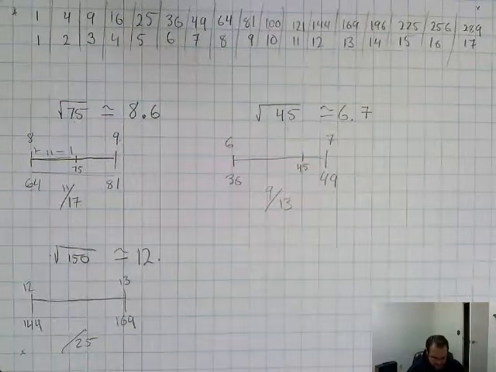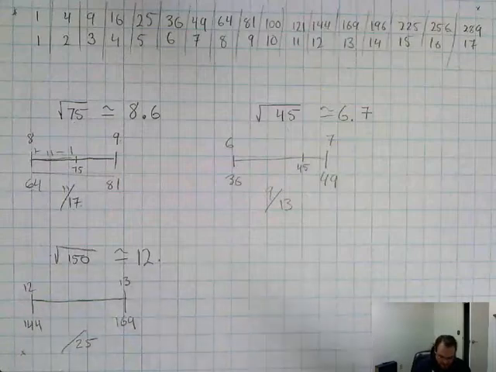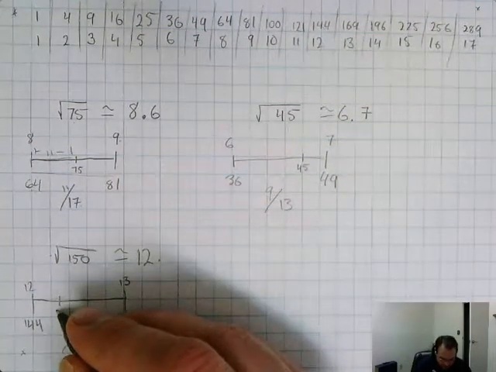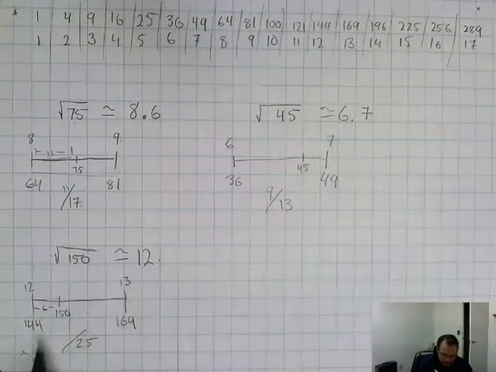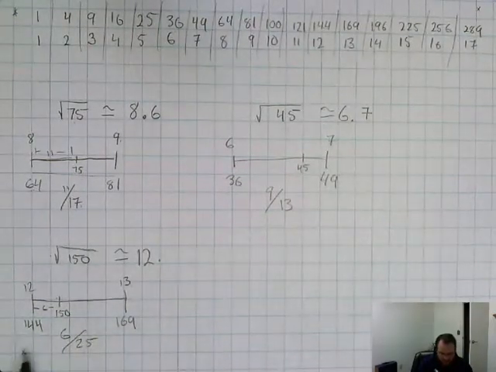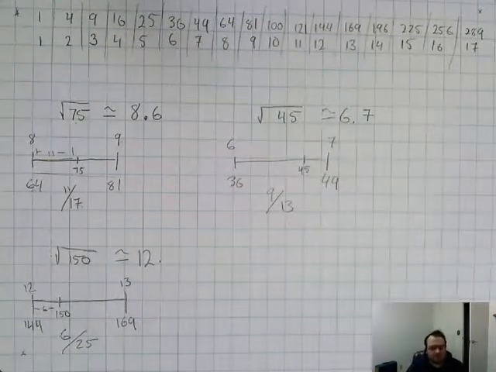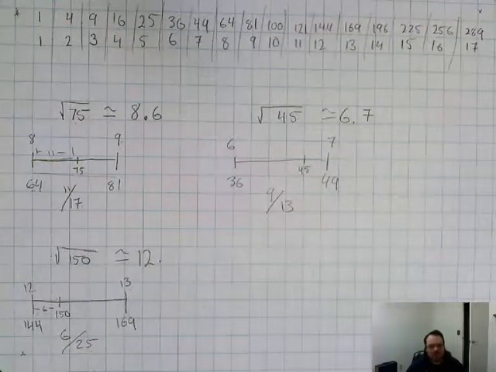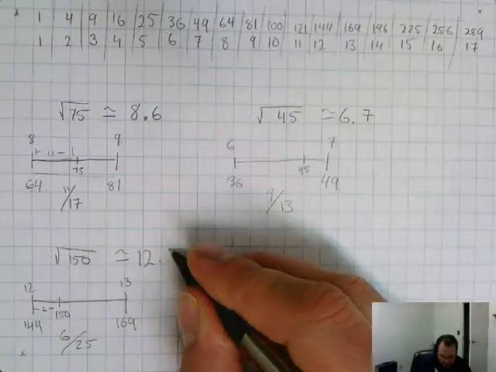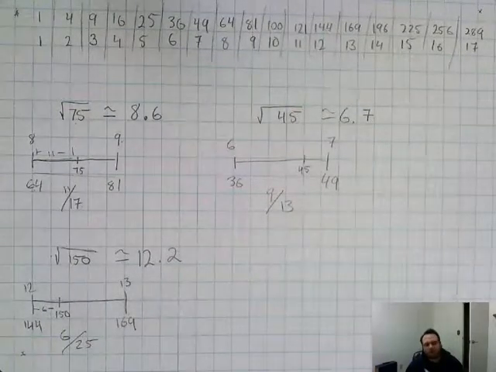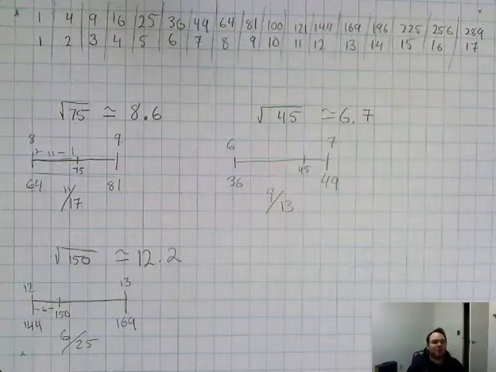Now we have to figure out the decimal. 150 is only 6 out of 25 of the way to 169, so 6/25 of the way to 13. 5 out of 25 is around 20%, so 6 out of 25 is just a bit more. So I'm going to say 12.2. I would also allow 12.3. This is how we estimate square roots.